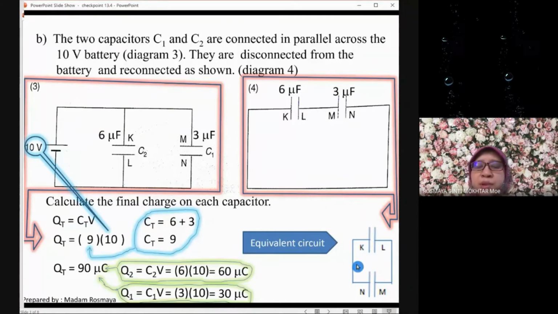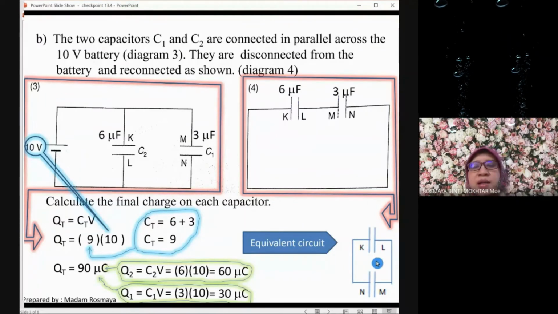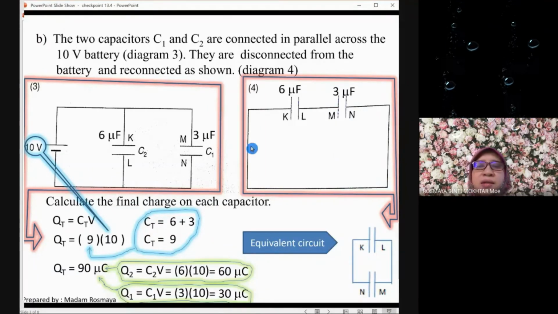And then look at the labels here, they can help you. This is MN. So M is this side, facing the L here, M to L, and N on the other side. So N is connected to K.